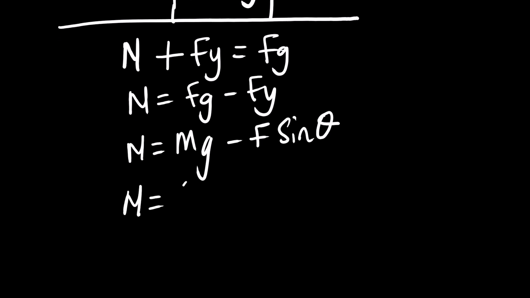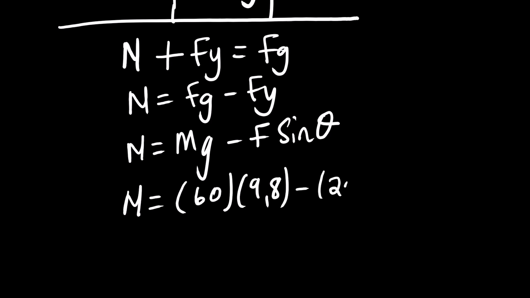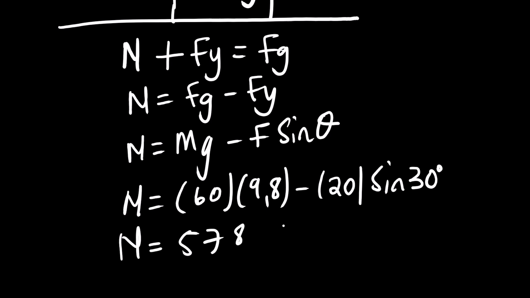Then we have normal force, it's equal to the mass, 60 times 9.8 minus 20 sine 30. Then this should give you 578 newtons.